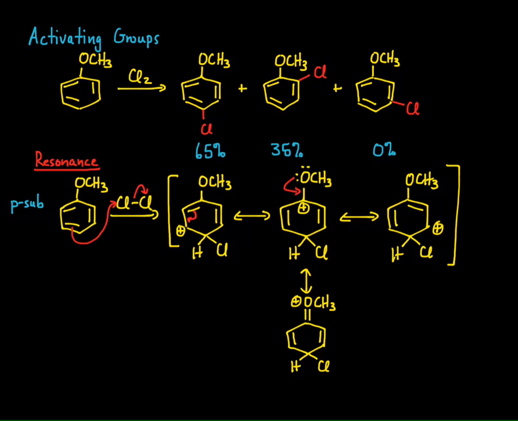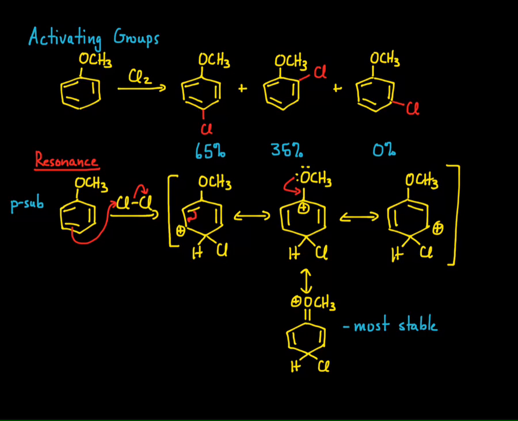Now, I have four resonance structures, and I look at the four resonance structures and I decide which resonance structure is the most favorable. You might be inclined to say that the middle one there, where the positive charge is on a tertiary carbon. But in fact, the one at the bottom is the most stable.